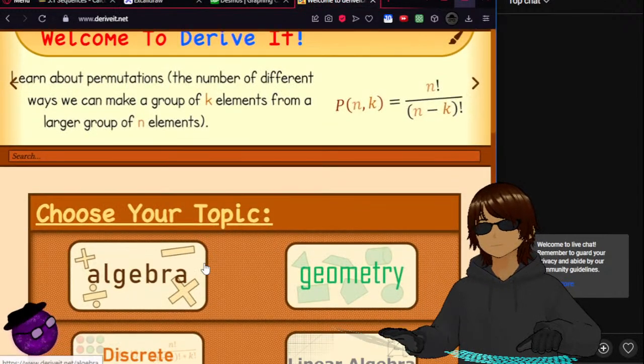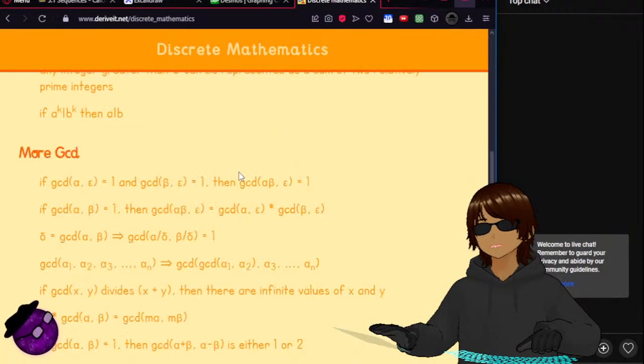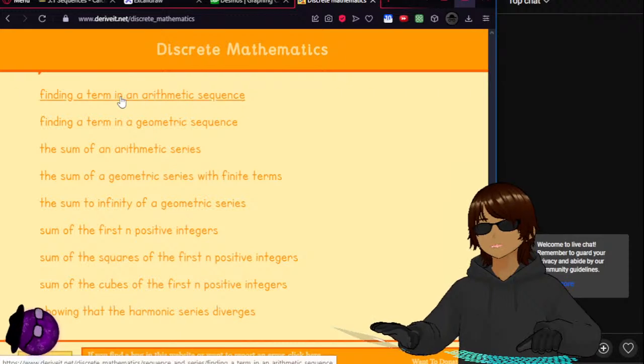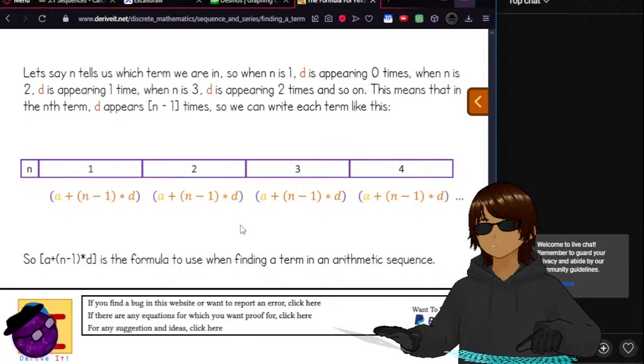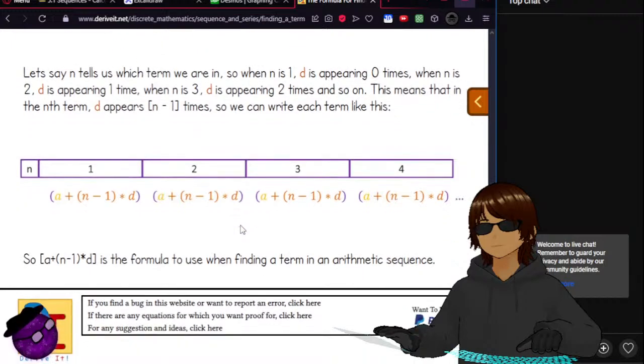Wait, what did I write on my website? I think I assumed that the first term is n equal to 1, finding a term in an arithmetic sequence.